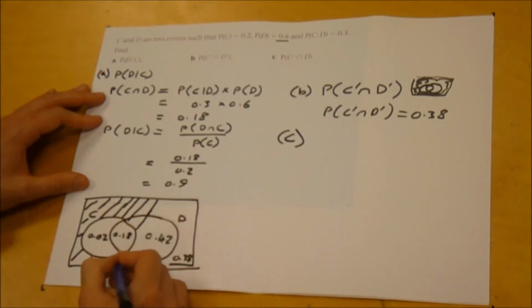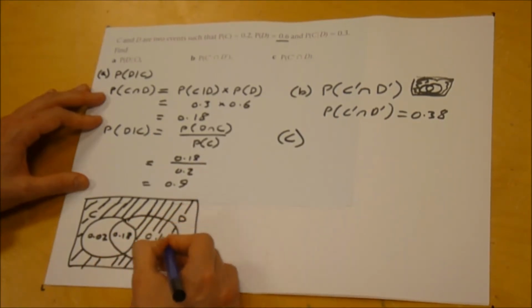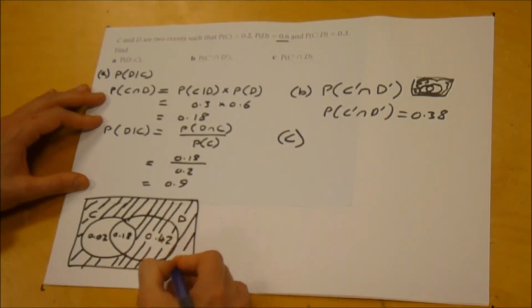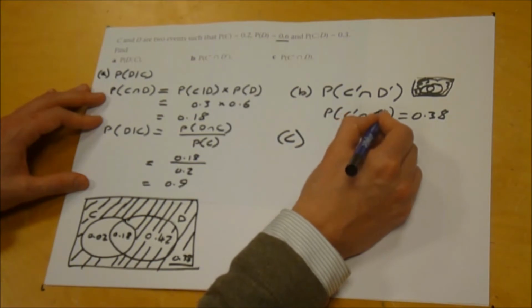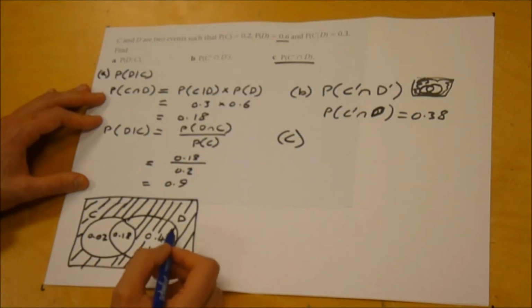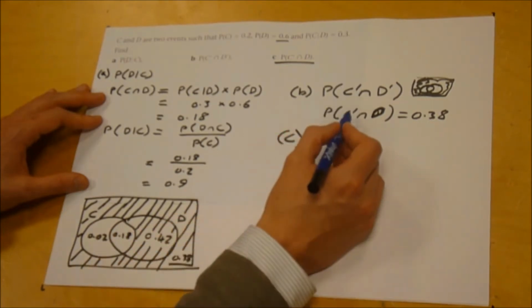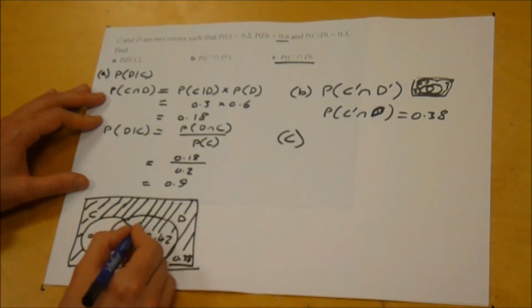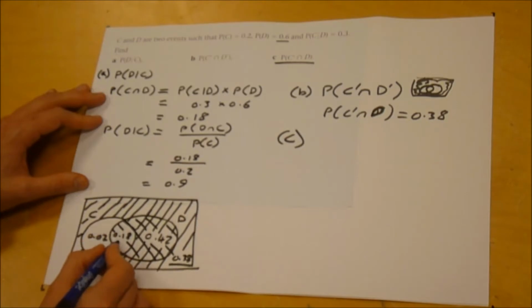So I'm going down, skipping over the C circle, all the way down, and D occurring, whoops, typo there, and D occurring, so just to be clear, it says C not occurring and D occurring. So I'm going to hatch everywhere that D occurs because I want probability C not occurring and D occurring. So D occurs here, inside this circle.